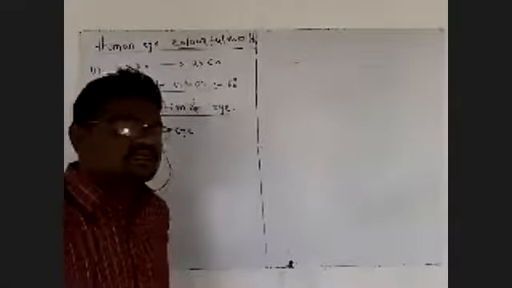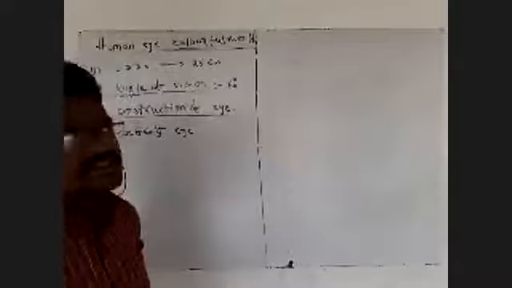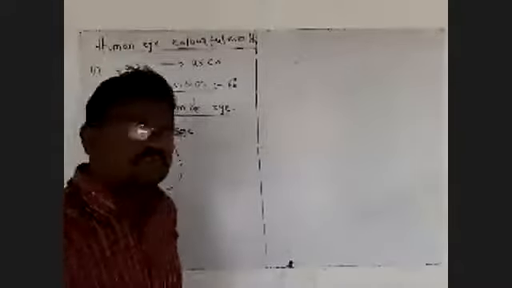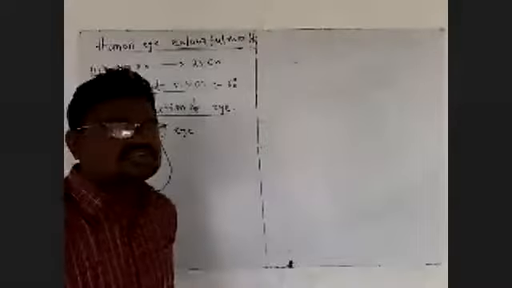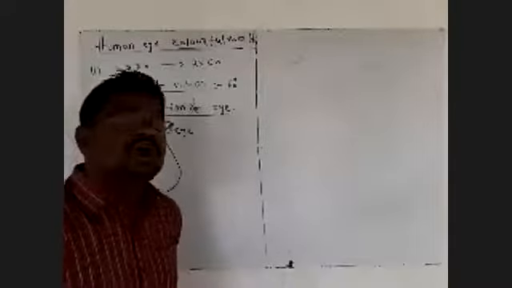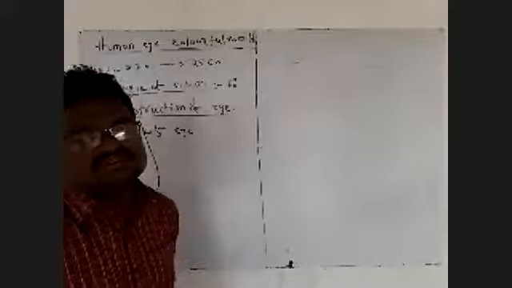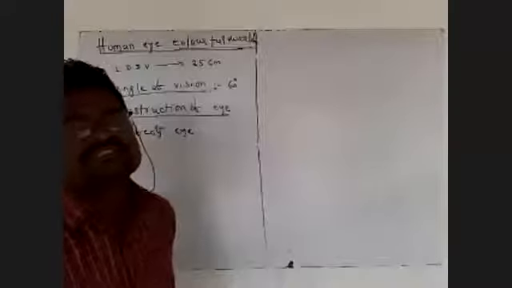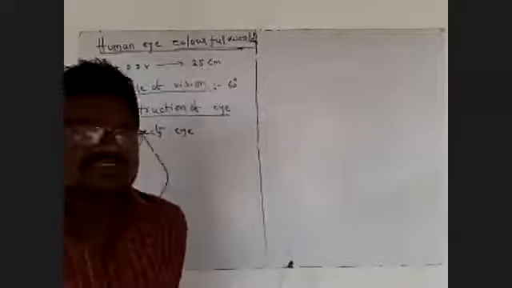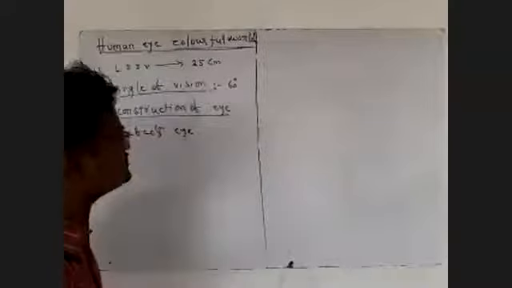The distance between the lens and the retina is 2.5 centimeters, which is fixed. What changes here? The eye lens is able to change. Here, the focal length of the lens is changed by the ciliary muscles. That is a gift God has given us.